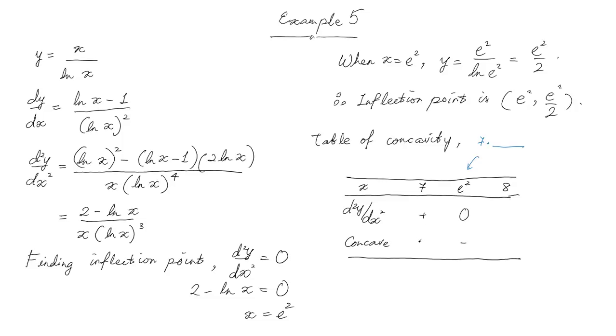And if it's a plus, then it's concave upwards, and this one will give you a negative, very small number, so it's concave downwards. So that is the interval of whether the function is concave up or downwards, depending on the function itself. And that's for the second part of this example.